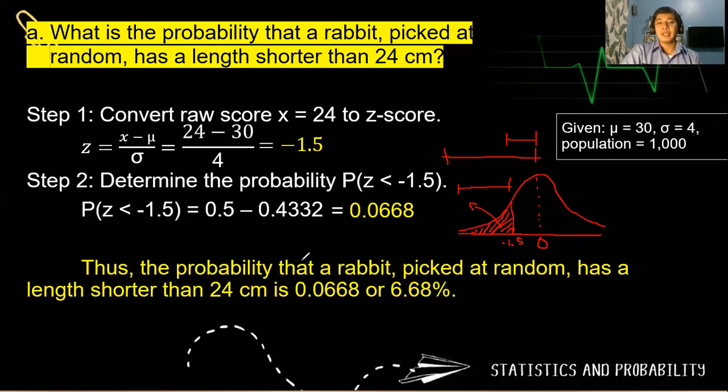Thus the probability that a rabbit picked at random has a length shorter than 24 centimeters is 0.0668, or when we move the decimal to the right, the probability is 6.68%.